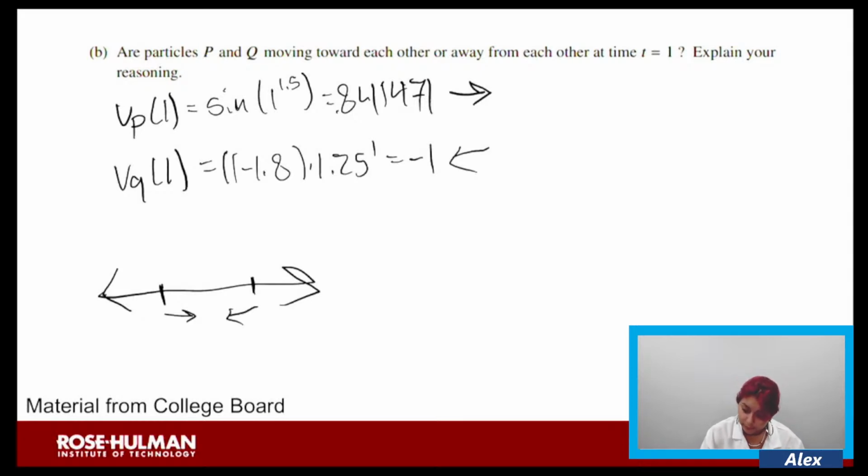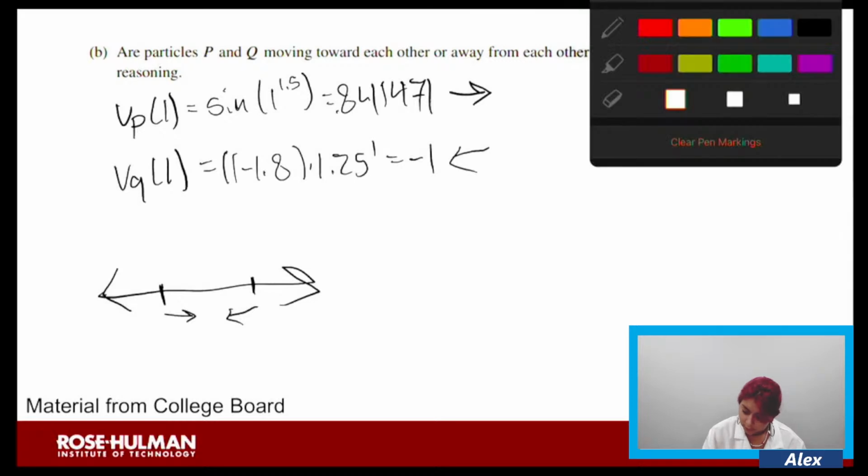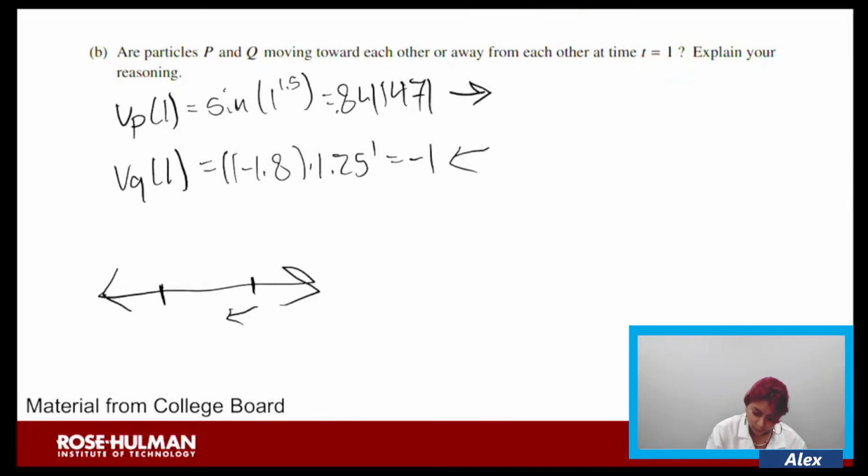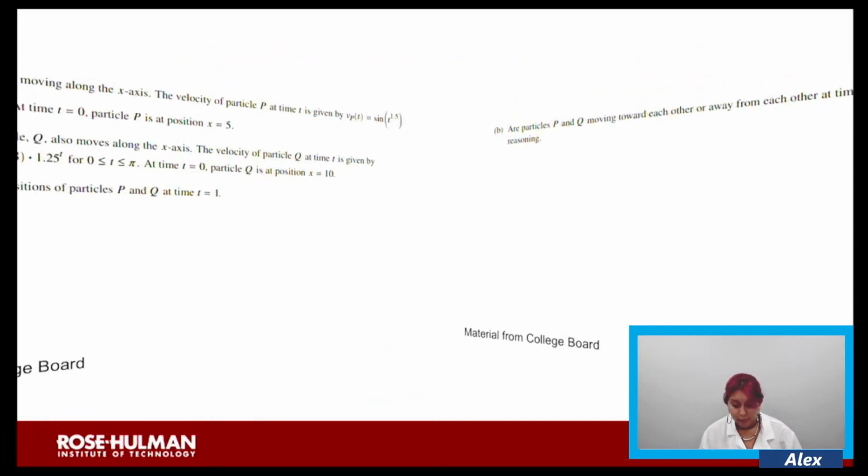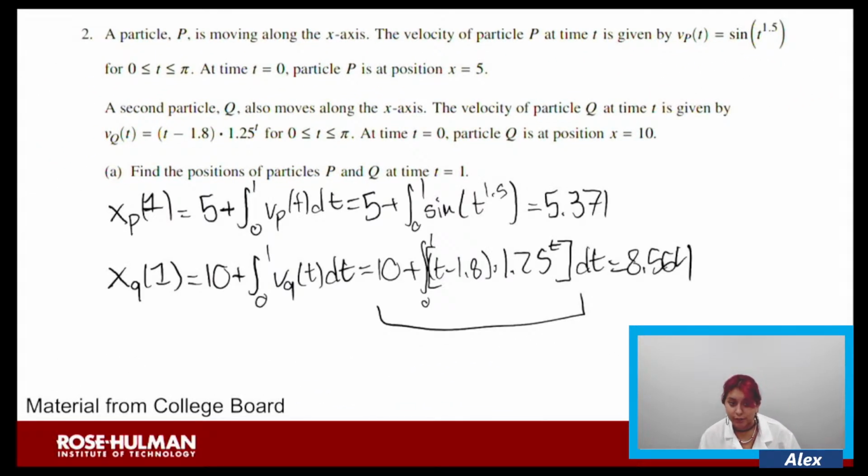If, however, P is over here and Q is over here and P is moving to the right and Q is moving to the left, then they're moving apart from each other. That's where you would use your answer in the first one.